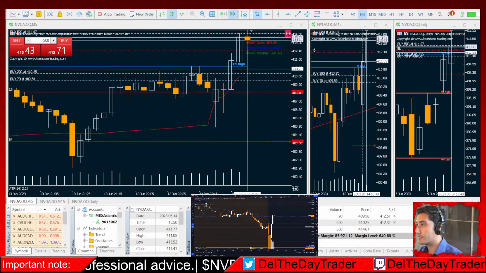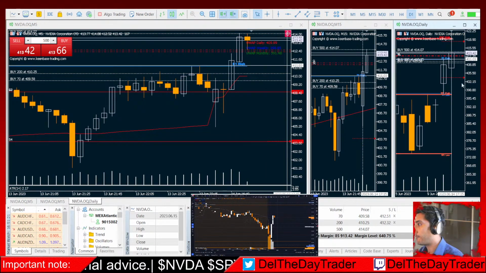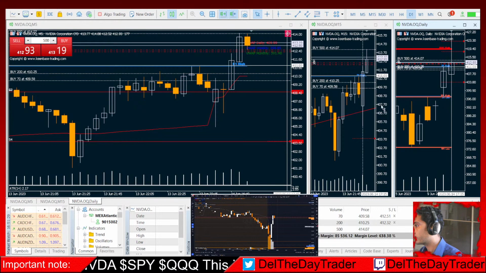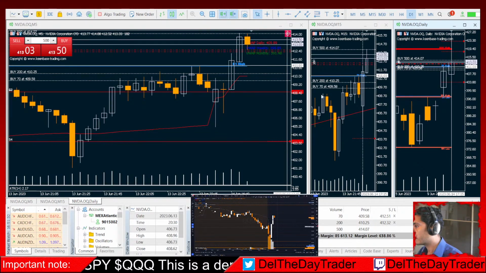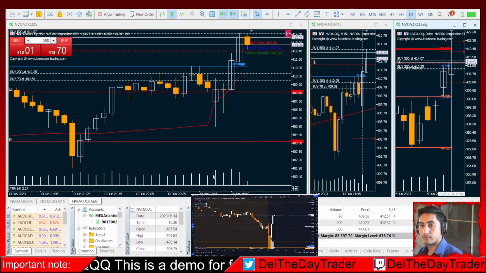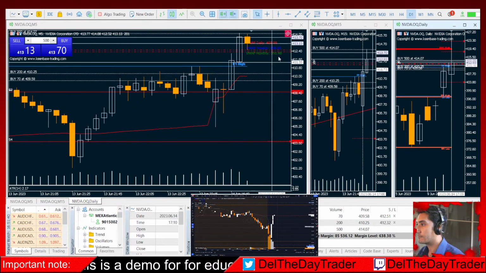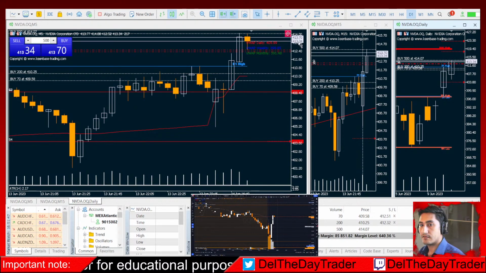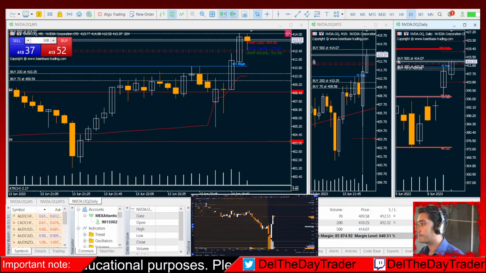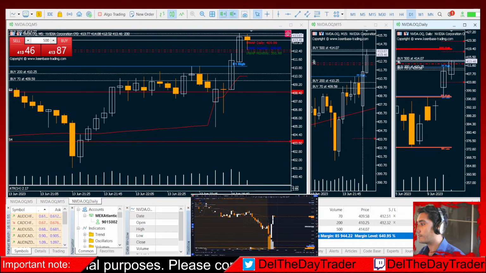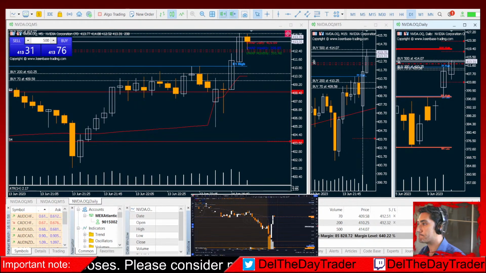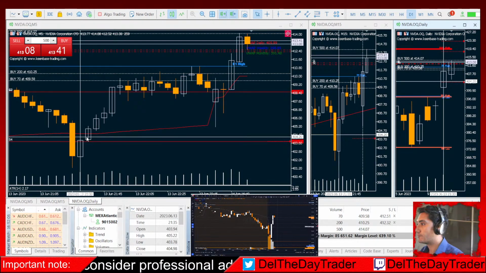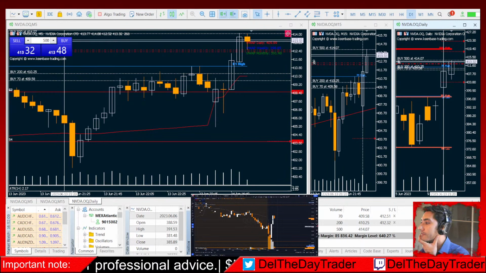Yep. On Nvidia. So at some point I'm dealing with 70 cents of spread, and so it is 52, but this doesn't look good, to be frank.